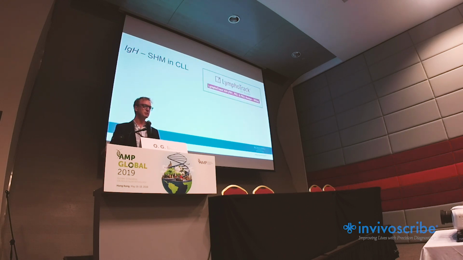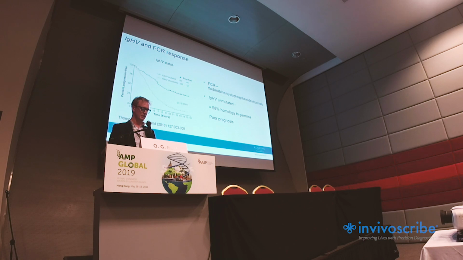So I'll start by talking a bit about IGH mutational status in chronic lymphocytic leukemia patients. As I said, we used the LymphoTrack FR1, 2, and 3 assay kits. So why measure IGH mutational status?